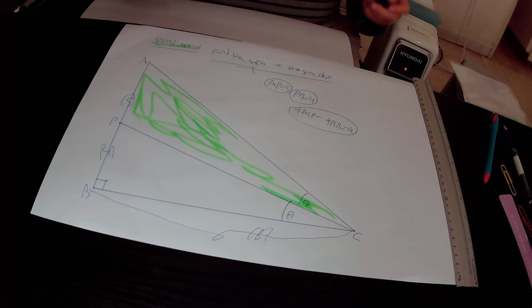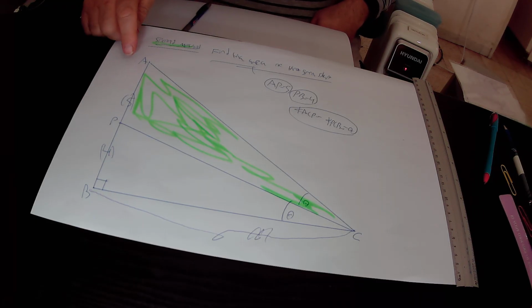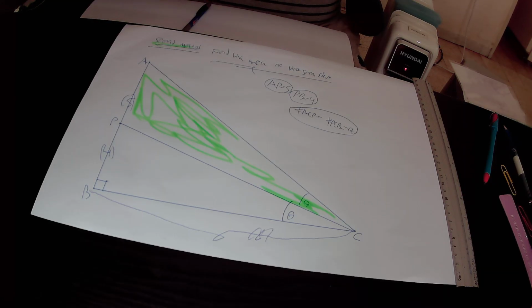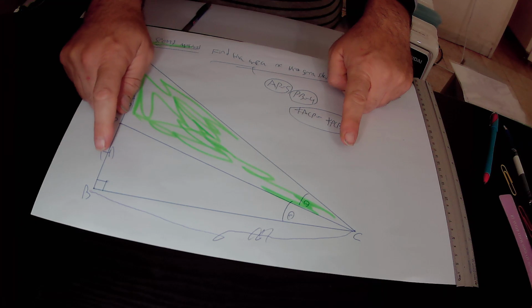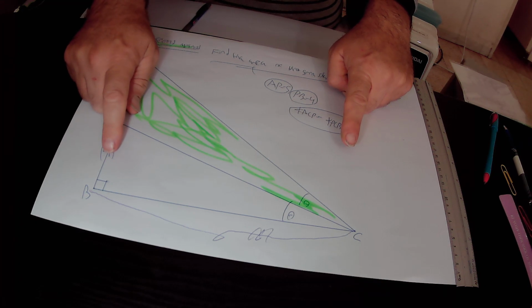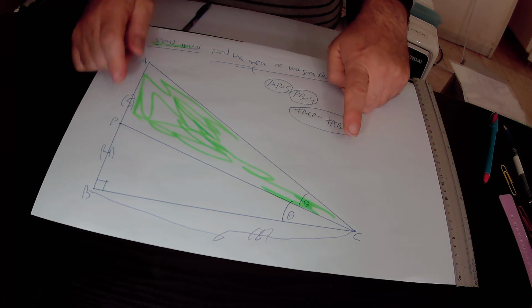The height to the base must create 90 degrees with the extended base. AP is the base, therefore the extended base is AB. So the height to the base must create 90 degrees with AB. CB definitely creates 90 degrees with AB because this is a right angle. So the height to the base is CB.